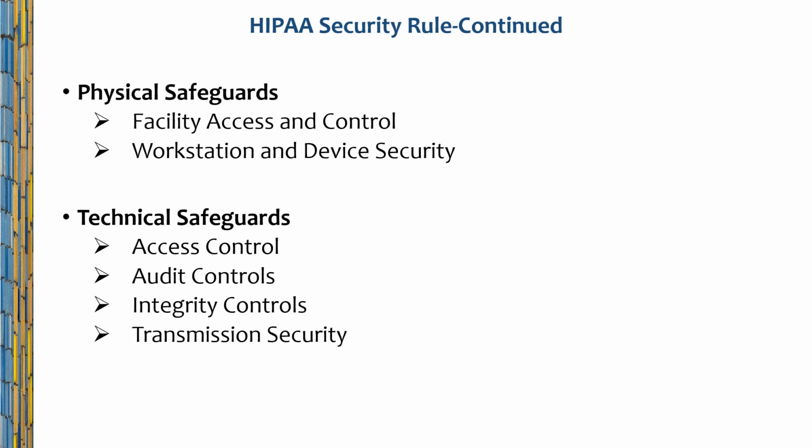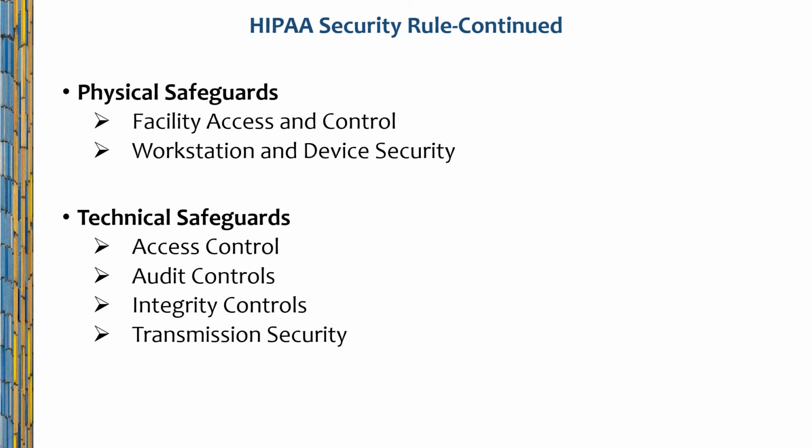Physical safeguards. Under physical safeguards, we have facility access and control. A covered entity must limit physical access to its facilities while ensuring that authorized access is allowed. Workstation and device security. A covered entity must implement policies and procedures to specify proper use of and access to workstations and electronic media.